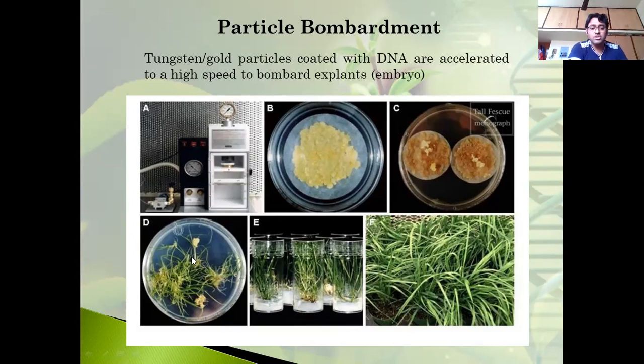The regenerated seedlings are transferred to the rooting media and then grown in greenhouse conditions, because any transgenic plants we should grow in the greenhouse, not in the open air. So these are the basic protocols.